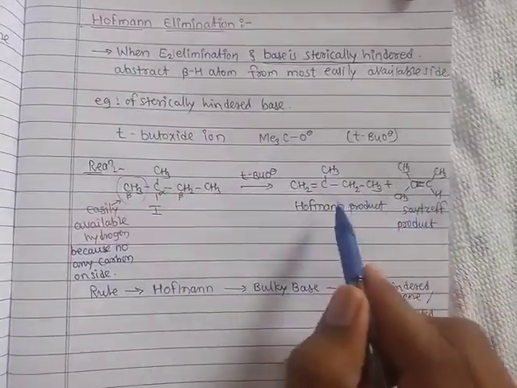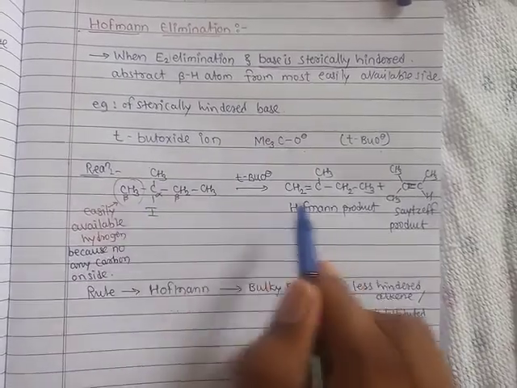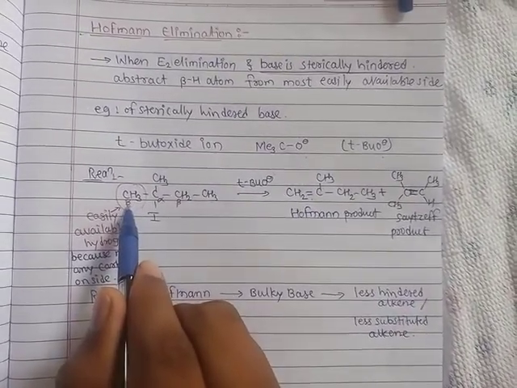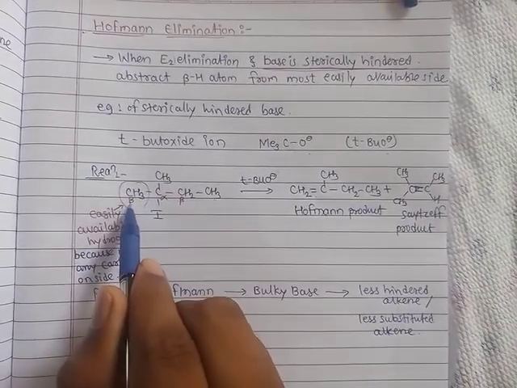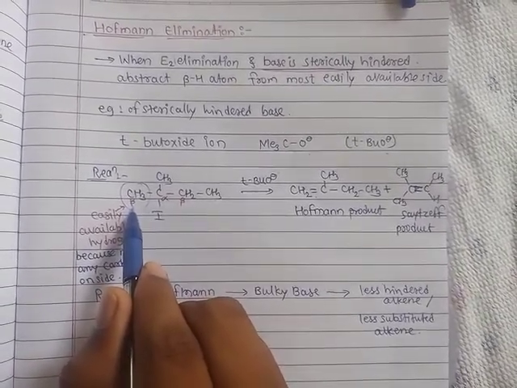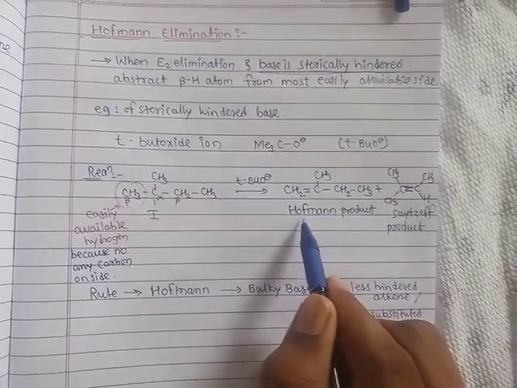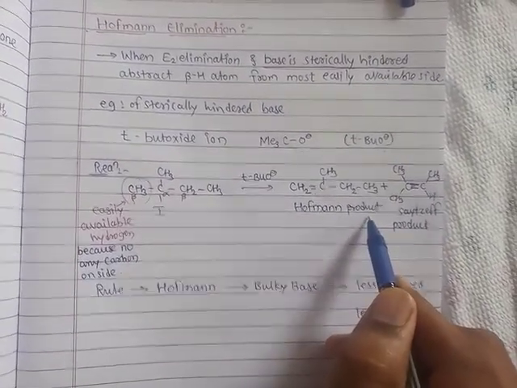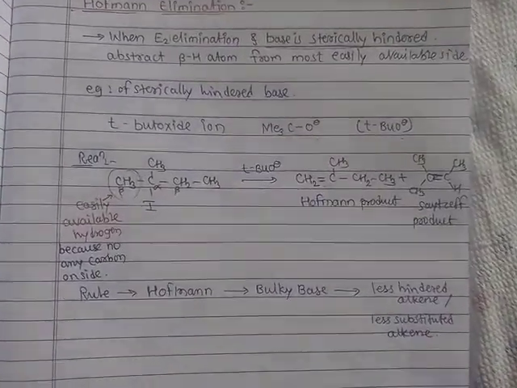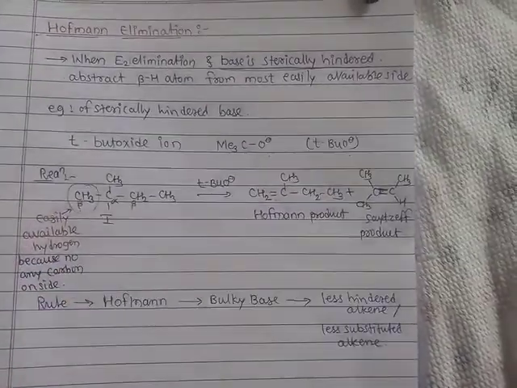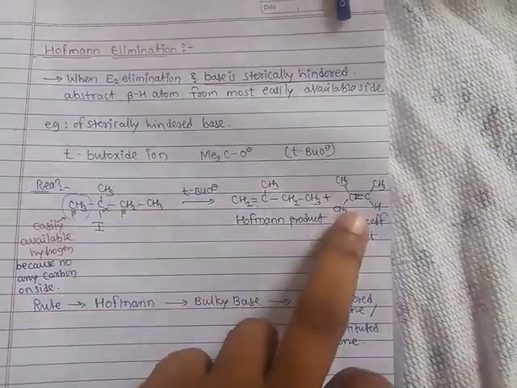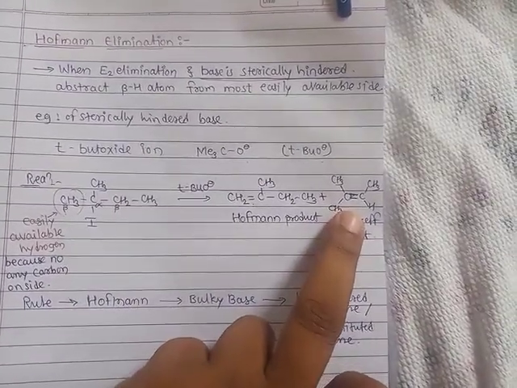Like here, the first product is formed when hydrogen abstraction takes place from the left side beta hydrogen and it will generate the Hofmann product like this, and the second product is formed by abstraction of hydrogen from this other beta hydrogen and it will generate the second product.